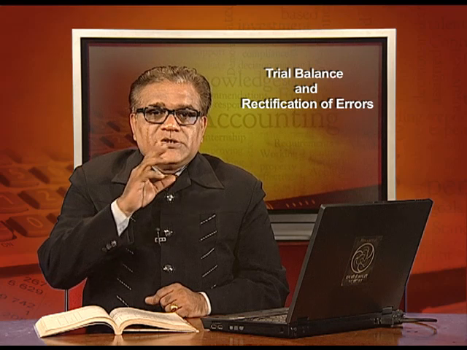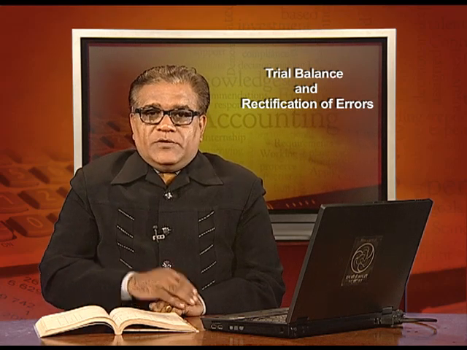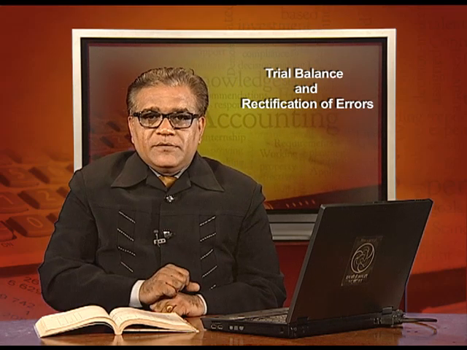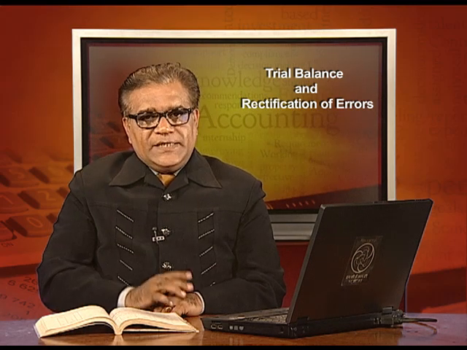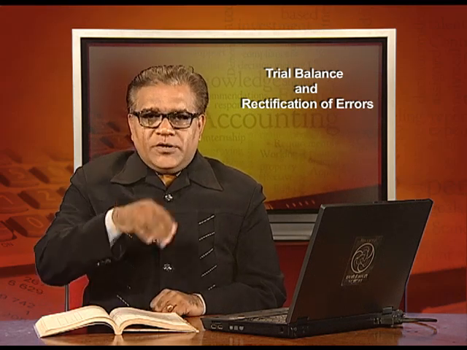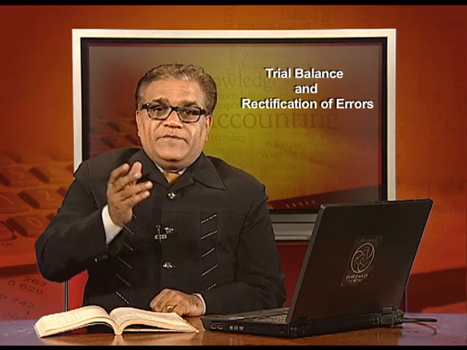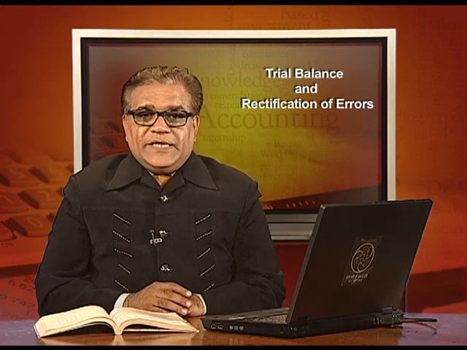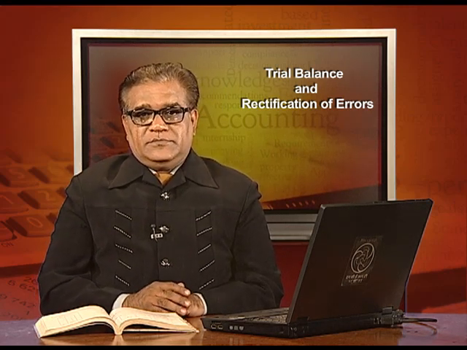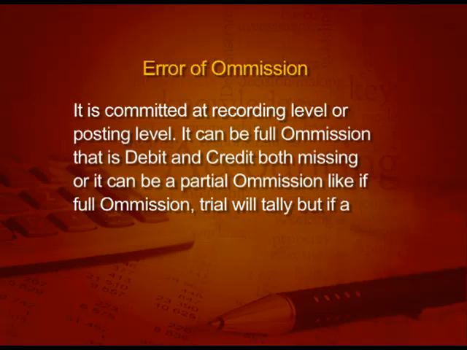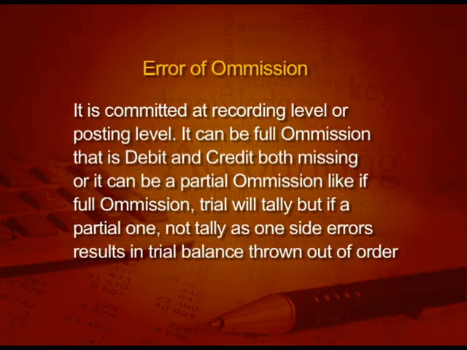But in case of partial omission, like you have recorded one aspect, debit, and forgotten the second aspect, credit, or you have recorded credit and forgotten debit, in that case the trial will not tally. One-sided errors always result in the trial balance being thrown out of order.